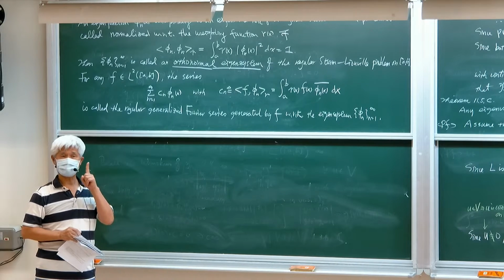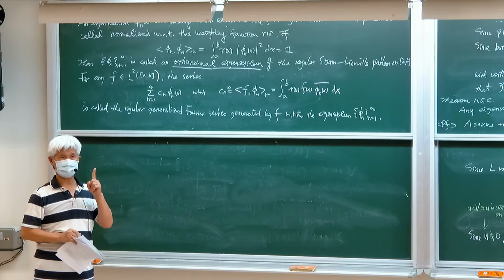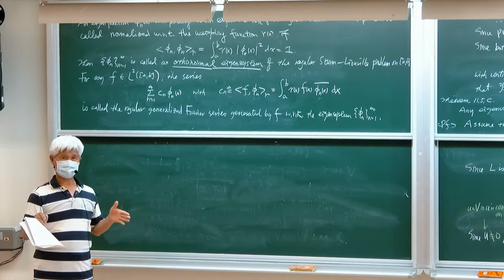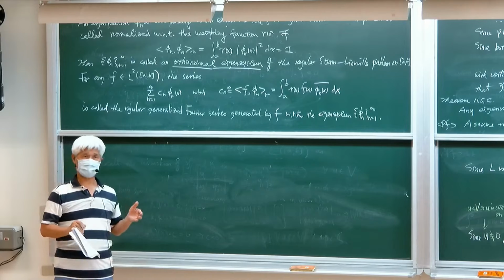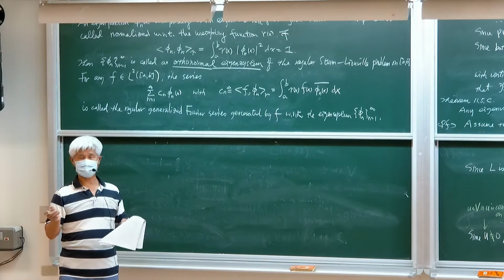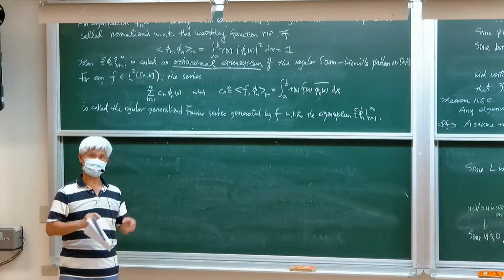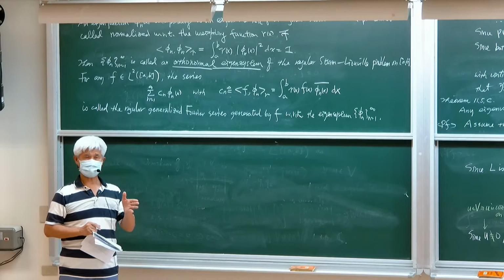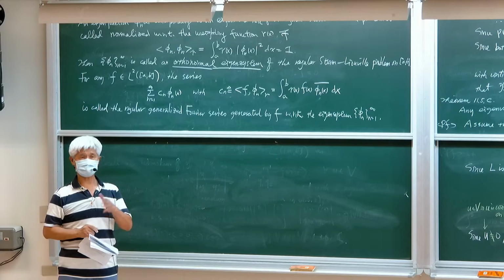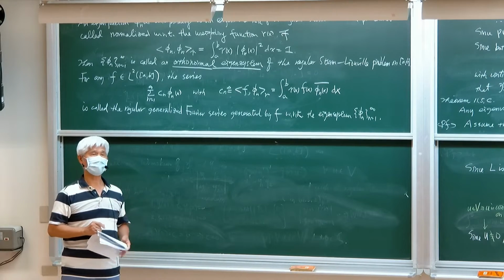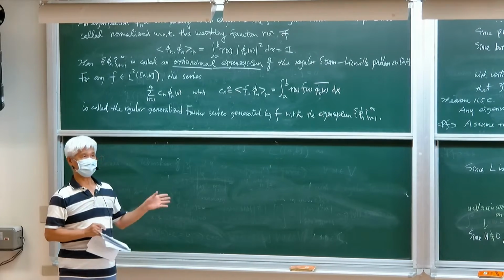In the second system, we constructed cosine functions: cosine 0x, cosine 1x, cosine 2x. Cosine 0x is just equal to 1.